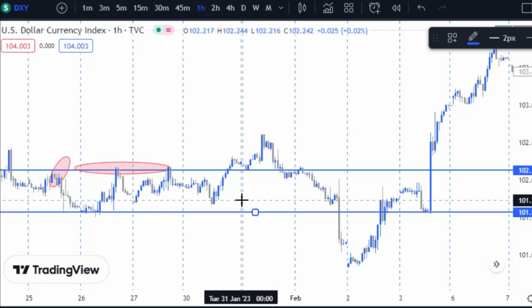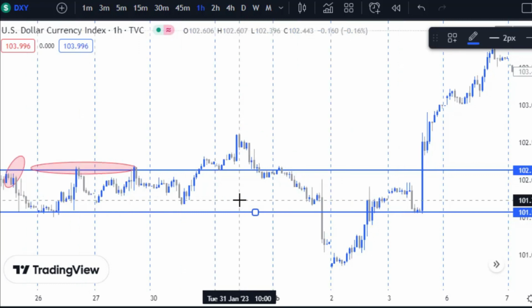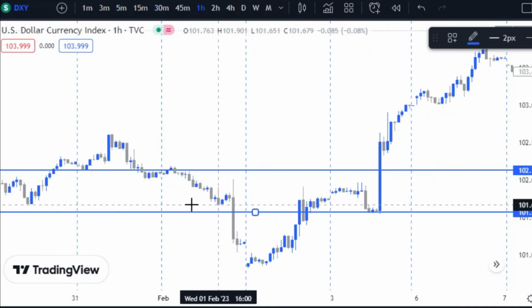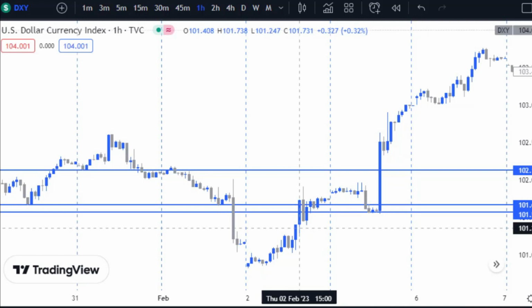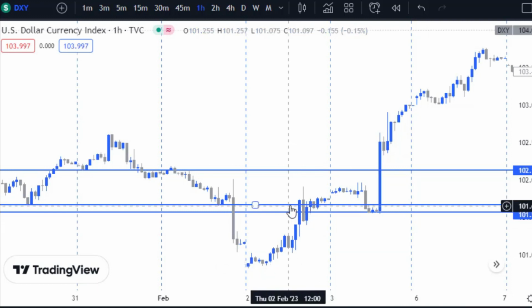So supply is the untested zone, the zone that price has not tested before, or a region that price has not tested most recently, and price is most likely going to test it again before breaking out of that place.